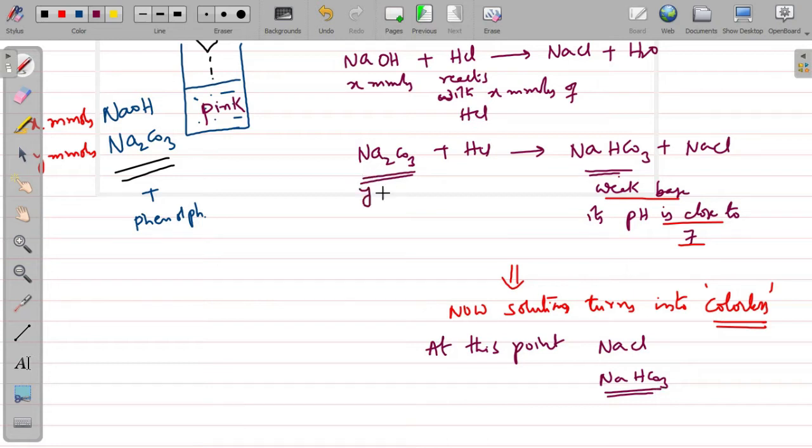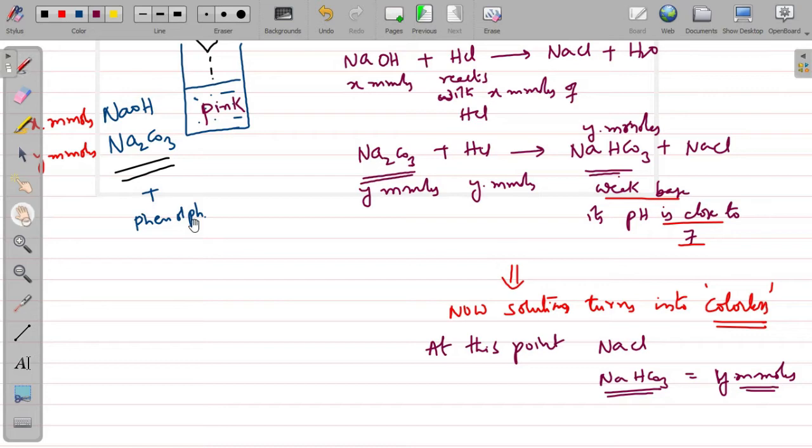Since Na2CO3 is 5 millimoles, it reacts with 5 millimoles of HCl to form 5 millimoles of sodium bicarbonate. There is no NaOH and there is no Na2CO3 at this point because both are completely reacted. The remaining thing is only NaHCO3, that too 5 millimoles.